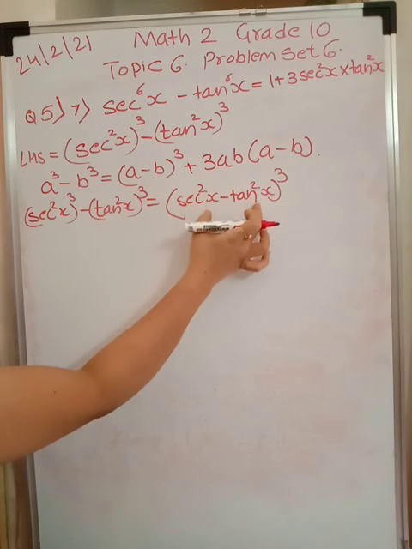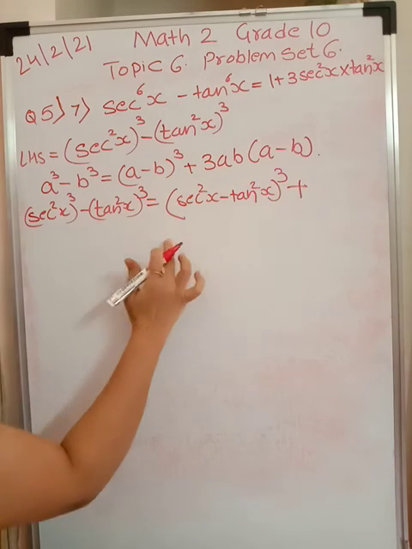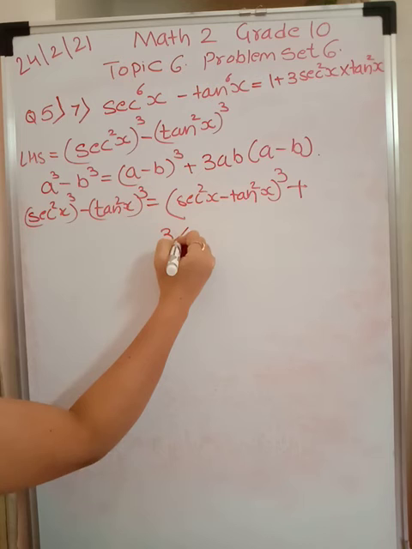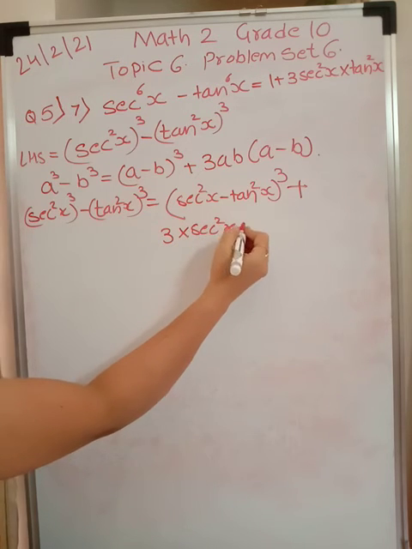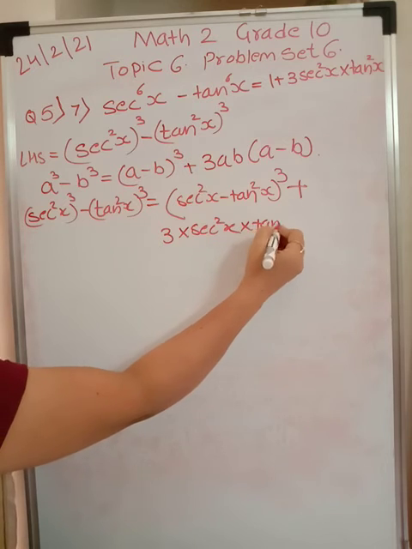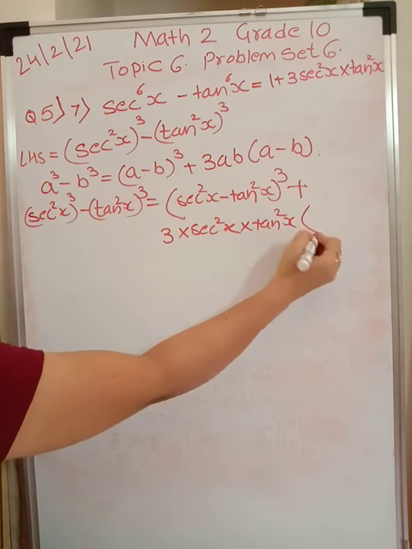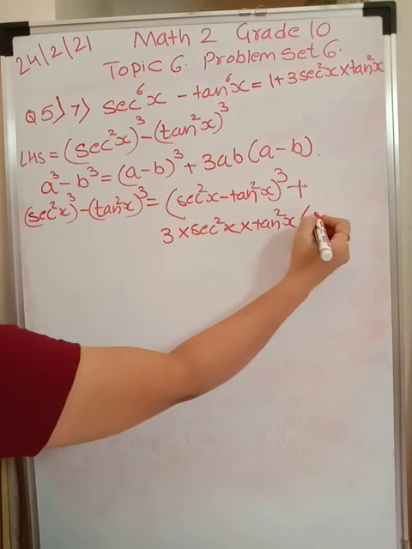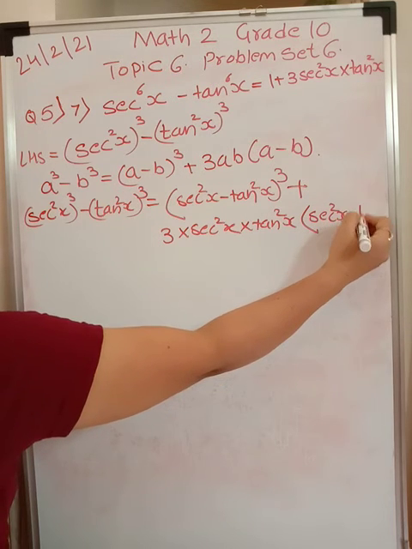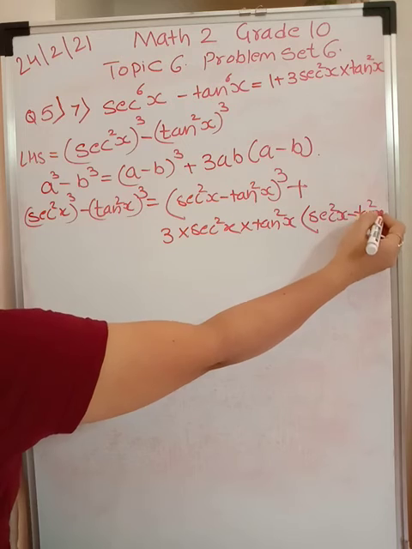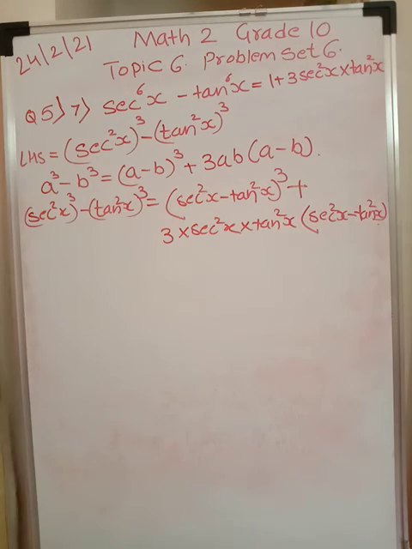So this is the first bracket, plus, I don't have place, I am writing here 3 into, what is a? A is your sec square x, b is tan square x, multiplied by again a minus b. So it is sec square x minus tan square x. Up till here is it clear, everybody?